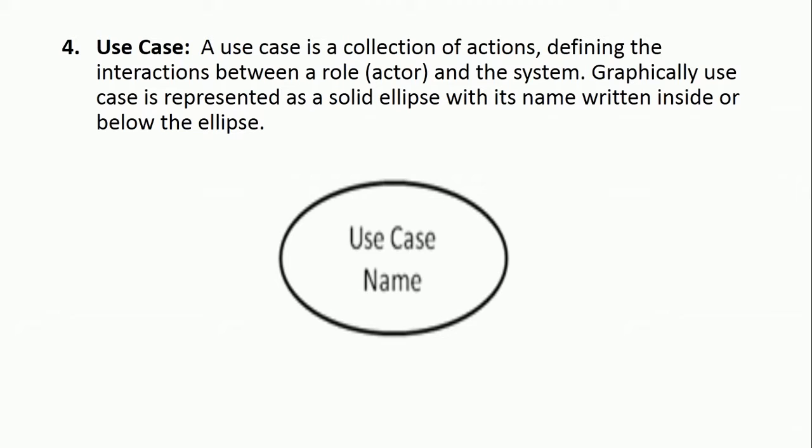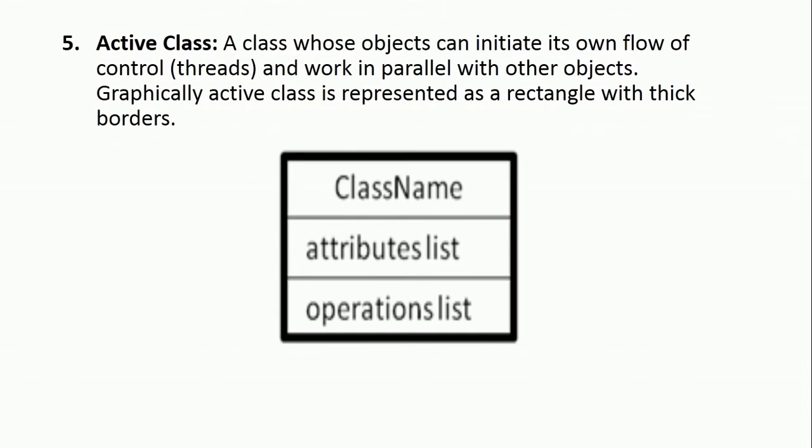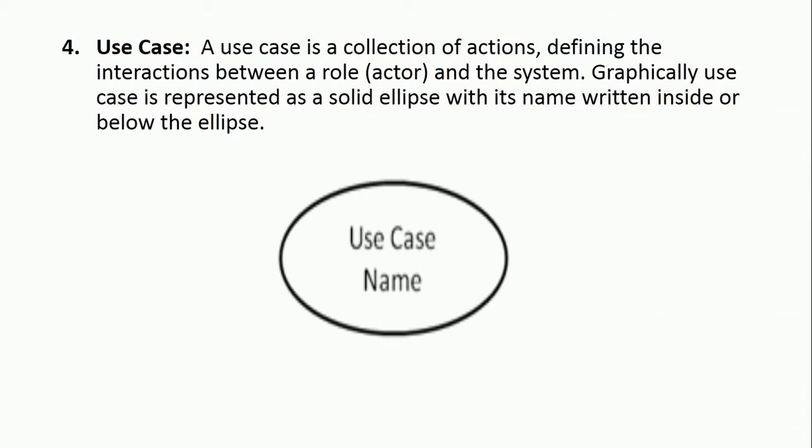So a use case is a collection of actions defining the interactions between a role, that is also called actor, and the system. Graphically, use case is represented as a solid ellipse with its name written inside or below the ellipse. So the use case is represented in this form.